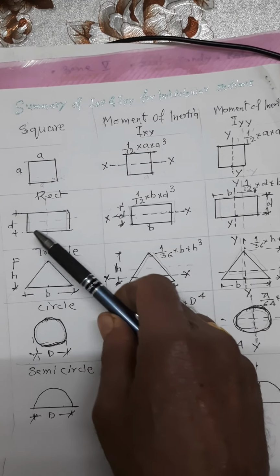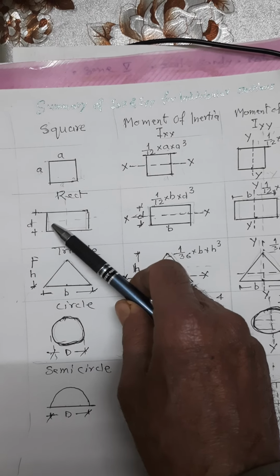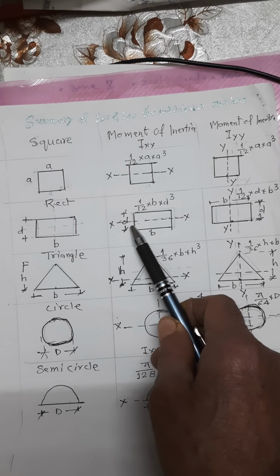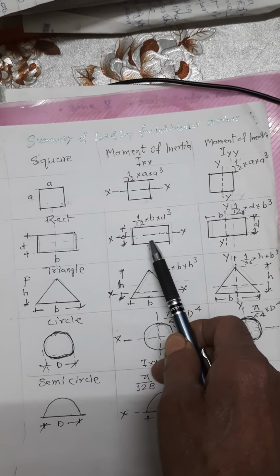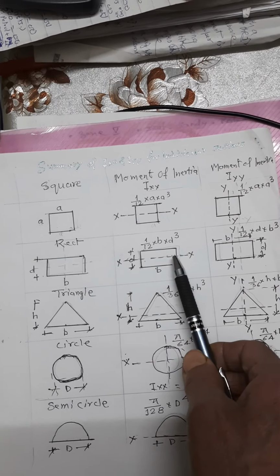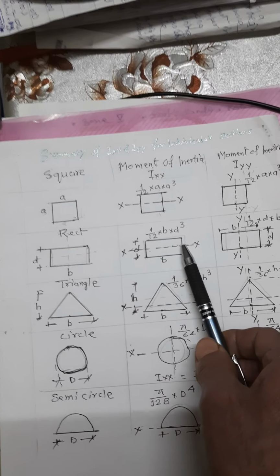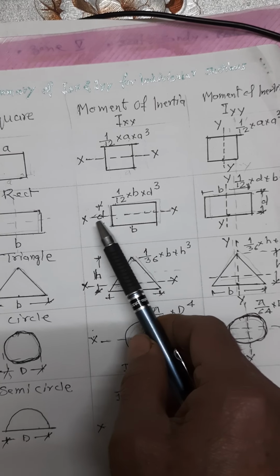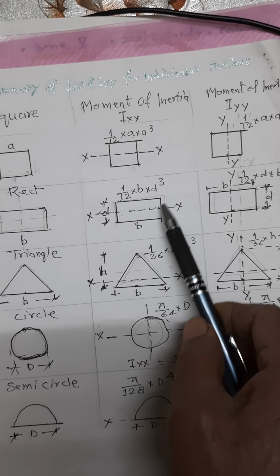Rectangular section. If this is the width and this is the depth, and the CG lies over here at a distance of d by 2 from here and b by 2 from here, then the moment of inertia along the x-axis, Ixx, is equal to 1 upon 12 b d cube.